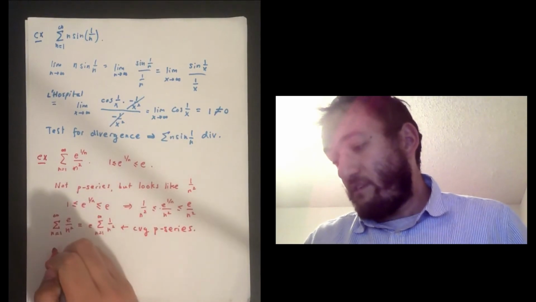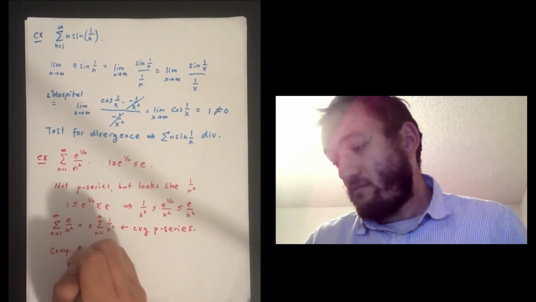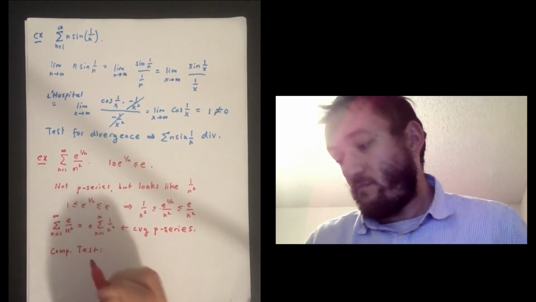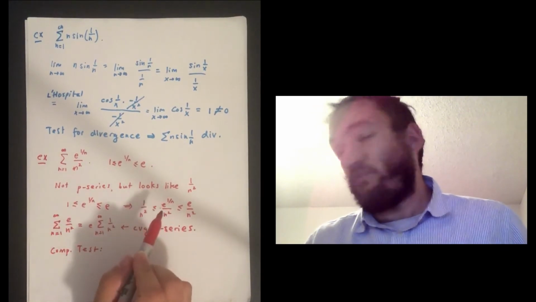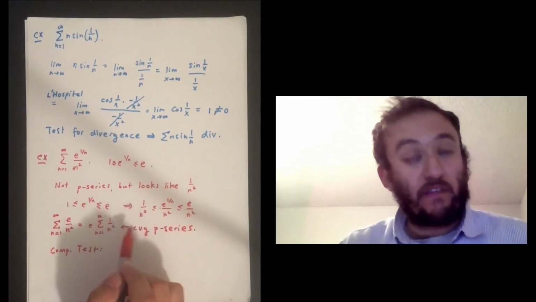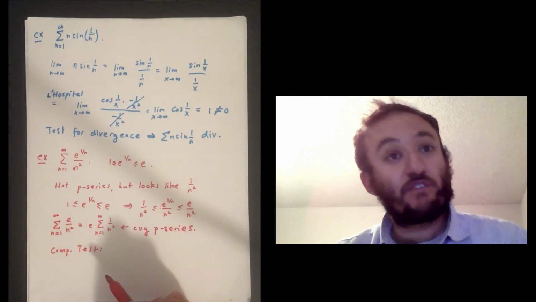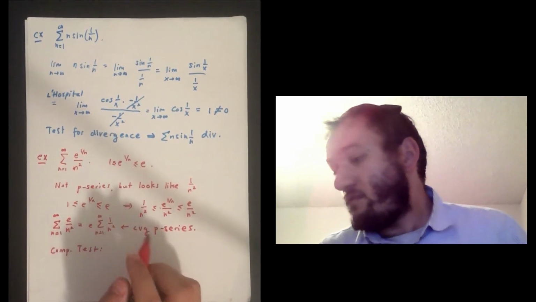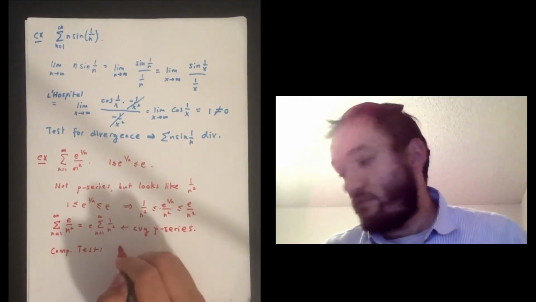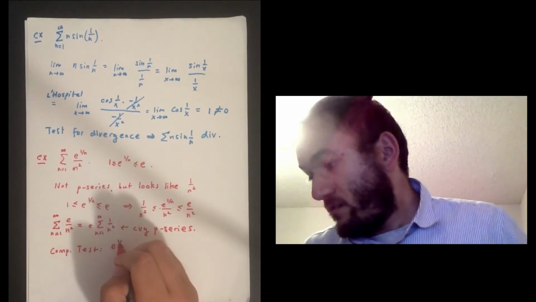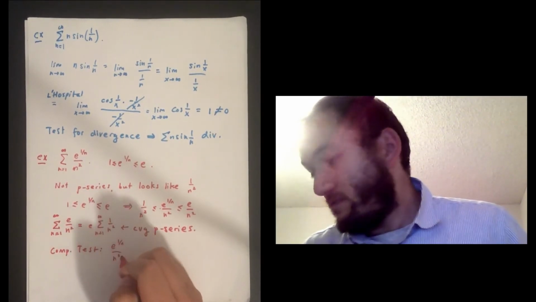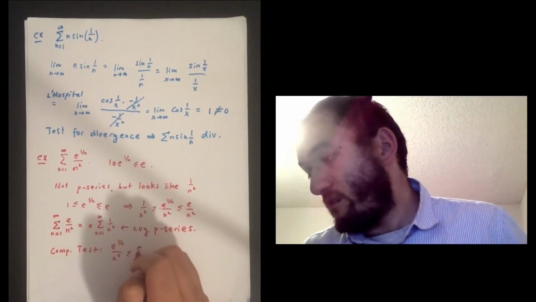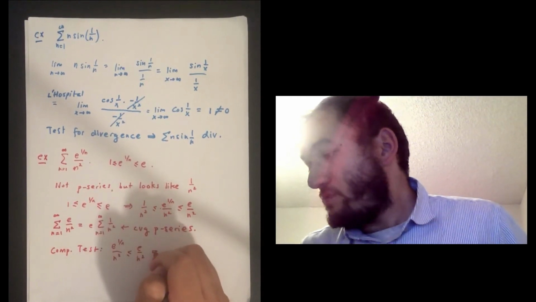So we use the comparison test, which says that if you have the terms of your series smaller than the terms of a convergent series, then your series is also convergent. Okay? E to the 1 over n divided by n squared is less than or equal to e over n squared.